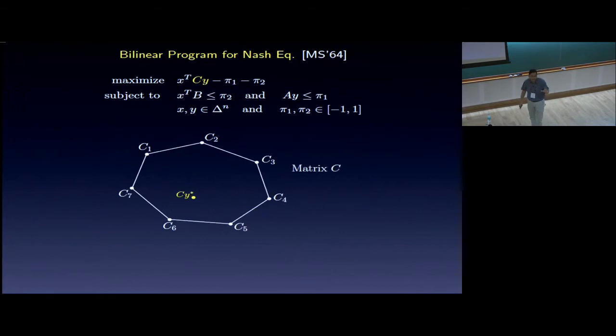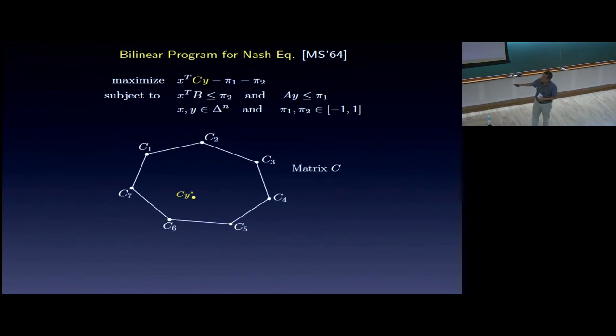And here comes the connection to Caratheodory. As I said, Y star is a probability vector. Hence, if I look at the columns of my matrix C, note that C is an n cross n matrix. So I can just look at each column of my matrix as an n-dimensional vector, draw them out.